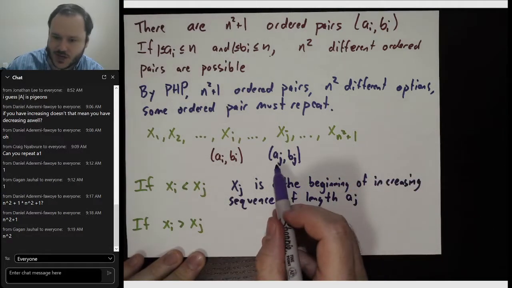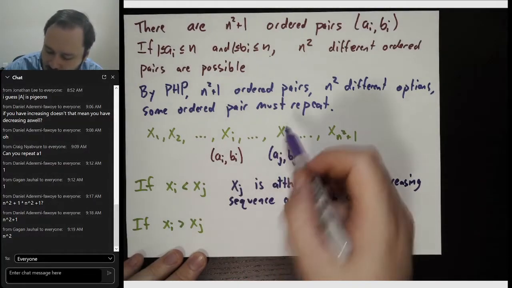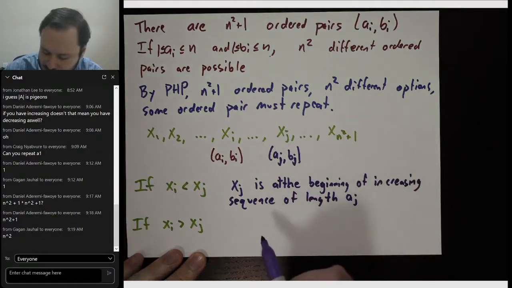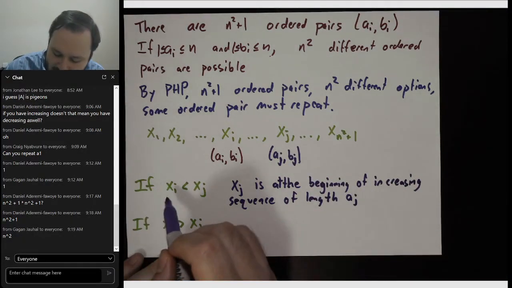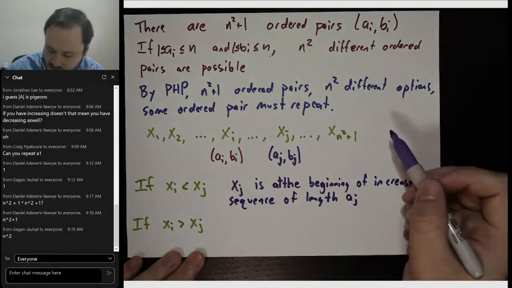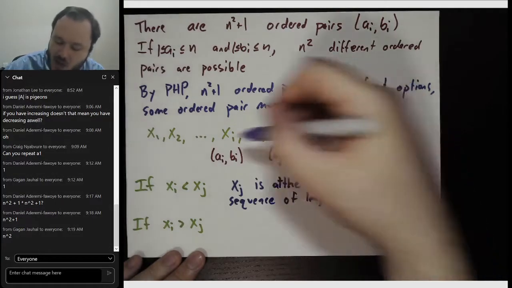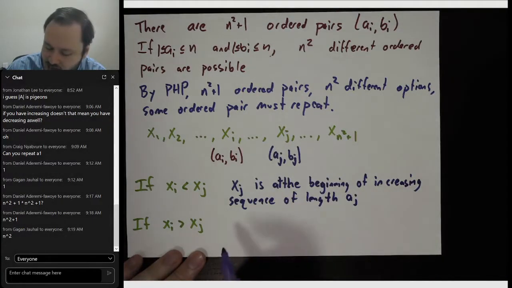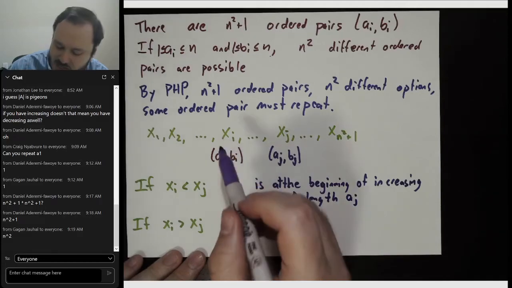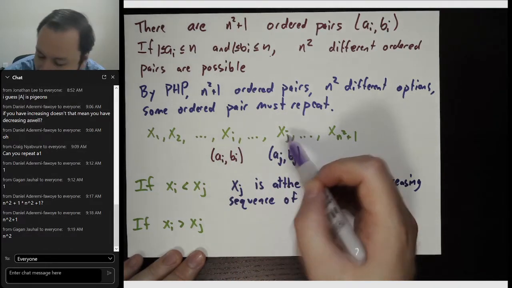That's what a sub j is measuring. So I'm starting here and I can go up a sub j times, which means I can just tack on x sub i to the beginning of that sequence. I want all my numbers to go up starting with x sub j. Well, if I'm starting with x sub i instead, I can do that same sequence, start at x sub i, jump right from x sub i to x sub j, and then keep going.